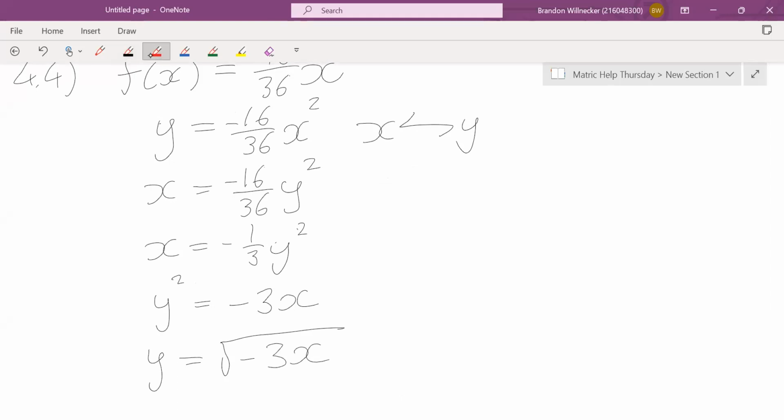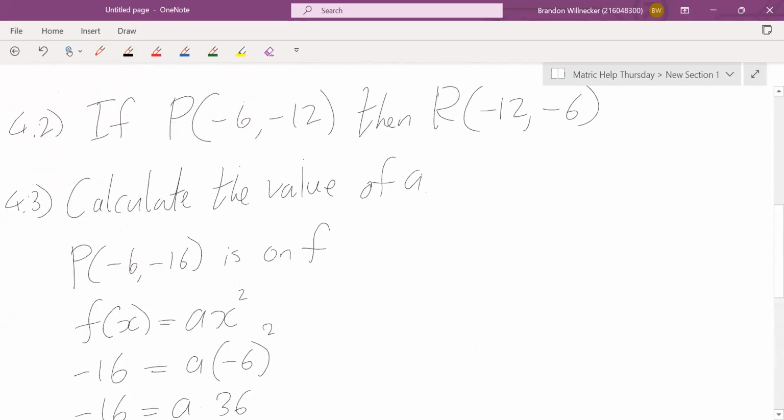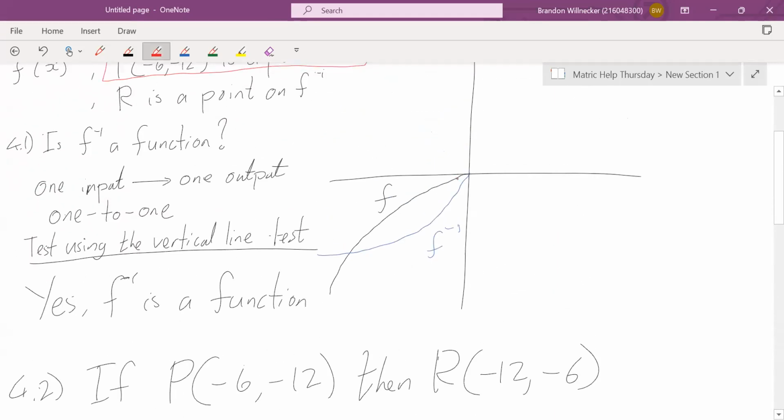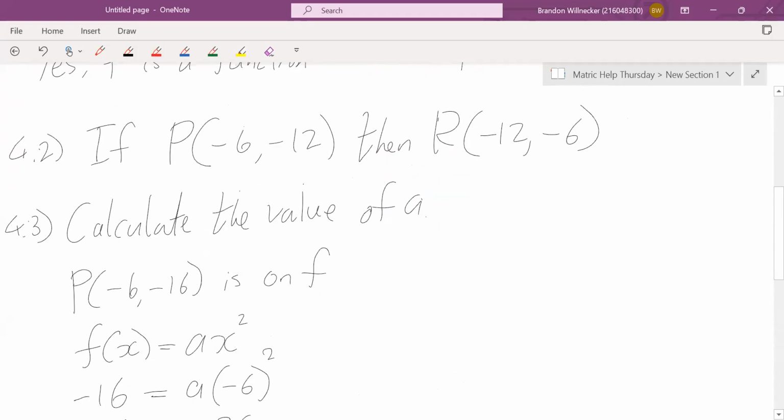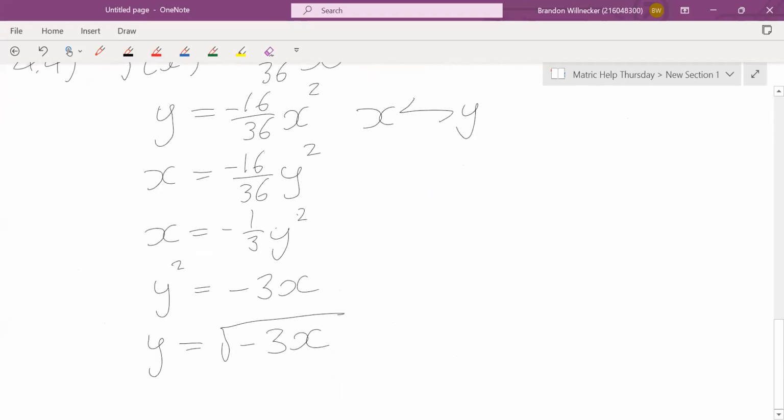Now you should be thinking, why are we taking the square root of a negative? Well, in fact, we aren't, because if we look back at our picture, we know that x is negative. So minus 3 times x, if we combine them, the result is again positive.